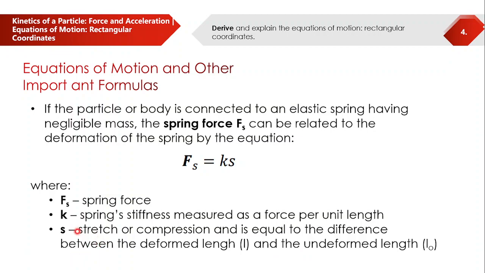Say your unstretched spring is 5 meters long, and the problem states that you compress the spring until its length is only 3 meters. Then the difference, S, is 2 meters, and you multiply that by your spring stiffness.